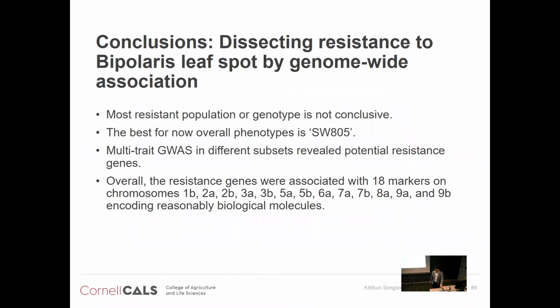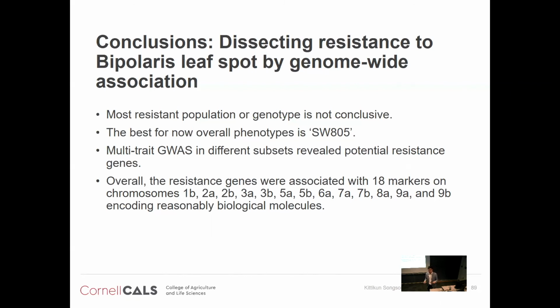And based on this, let's get back to the goal of this study. The first goal is trying to identify the most resistant genotypes or populations among these 66 populations. But as you remember, none of the phenotypic approaches here has a correlation with each other. That's why I cannot make a conclusive decision that this one is the best out of all of them in all criteria.